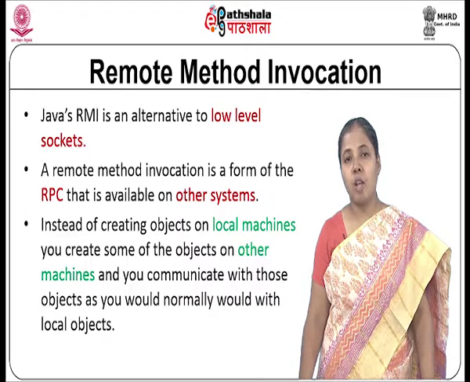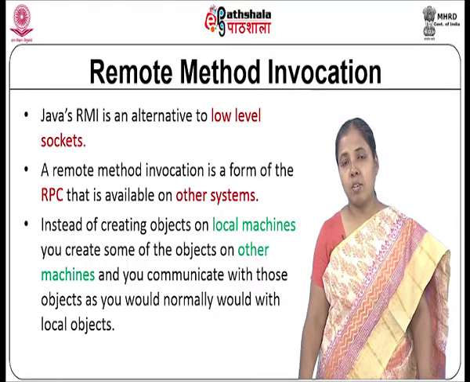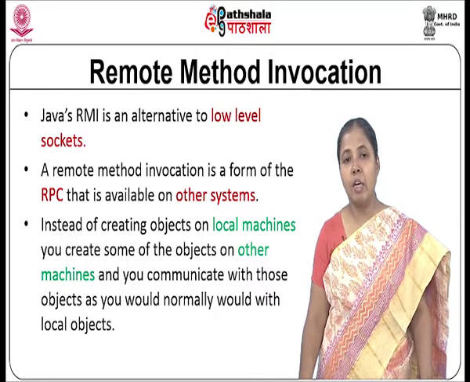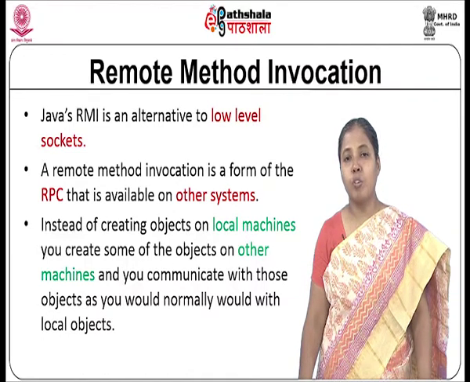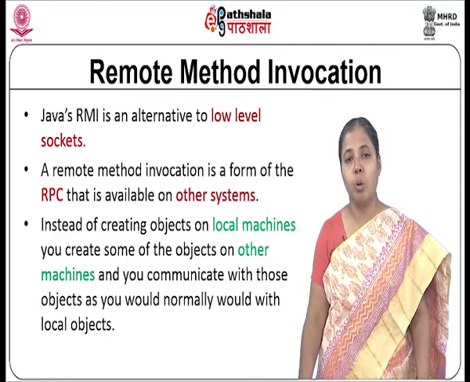The idea of RMI is to have a remote procedure call, where we access a method that is running on a different machine or is available on some other system. So, instead of creating objects on the local machine, we can create some of the objects on other machines, and we can communicate with those objects as we normally do with local objects.